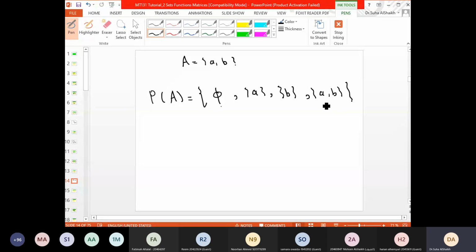So I have a collection of all the sets that can be a part of this A. I can take A alone, B alone, or A and B together, or take nothing, which is phi. This collection of sets we call subsets.